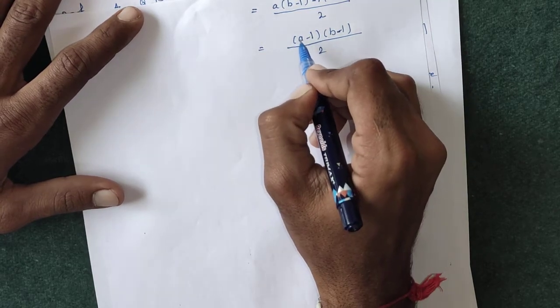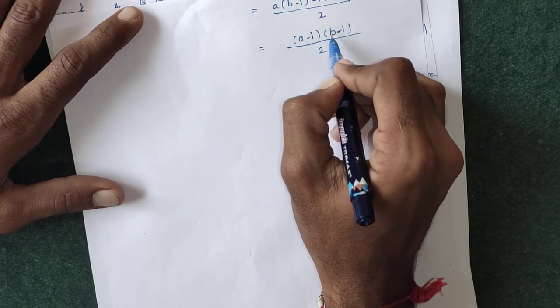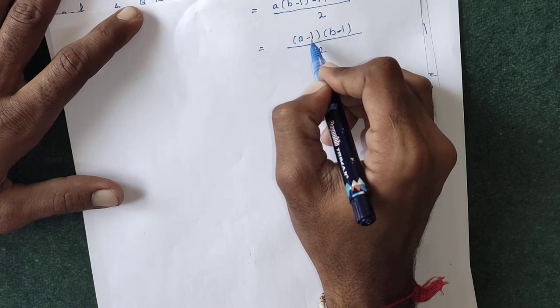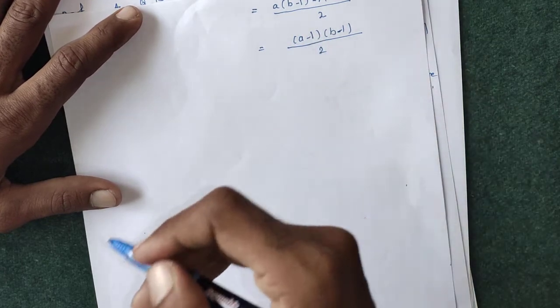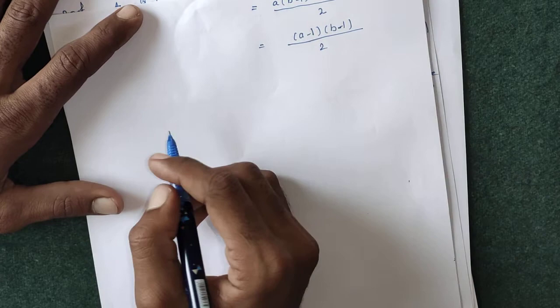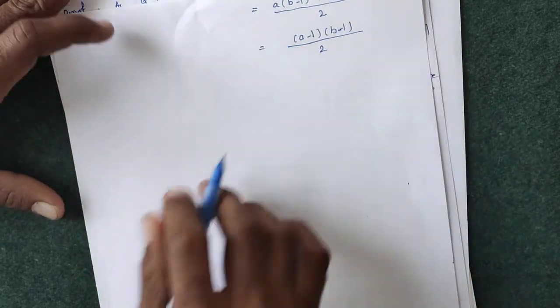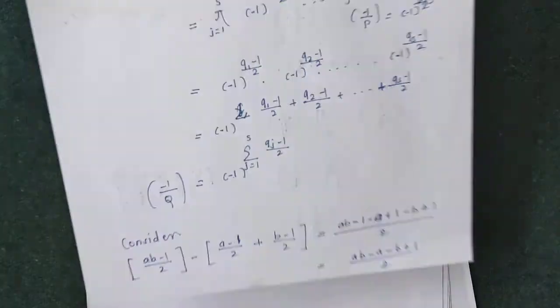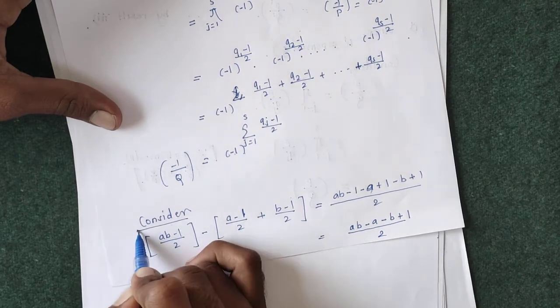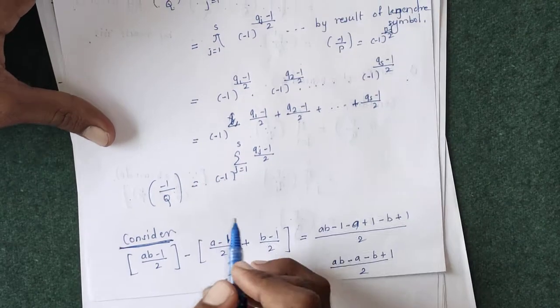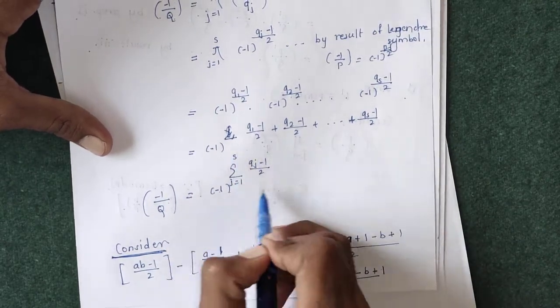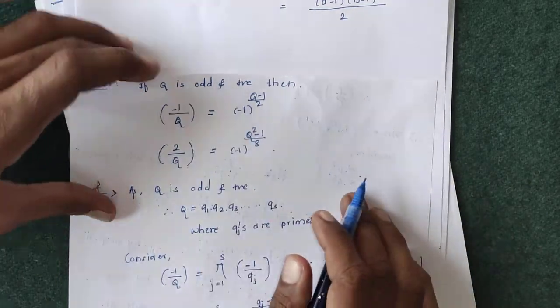From this consideration, we are proving the result that will give this summation is equal to (q-1)/2.